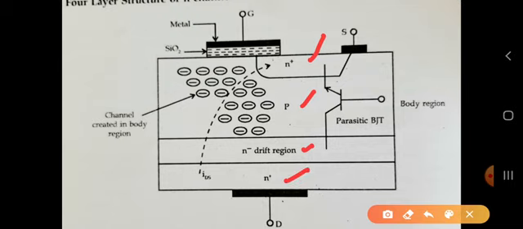So there are 4 layers and 3 junctions: this is the first junction, this is the second junction, and this is the third junction. Here also we have 3 terminals like a transistor: one is the gate, another is the source, and this is the drain.